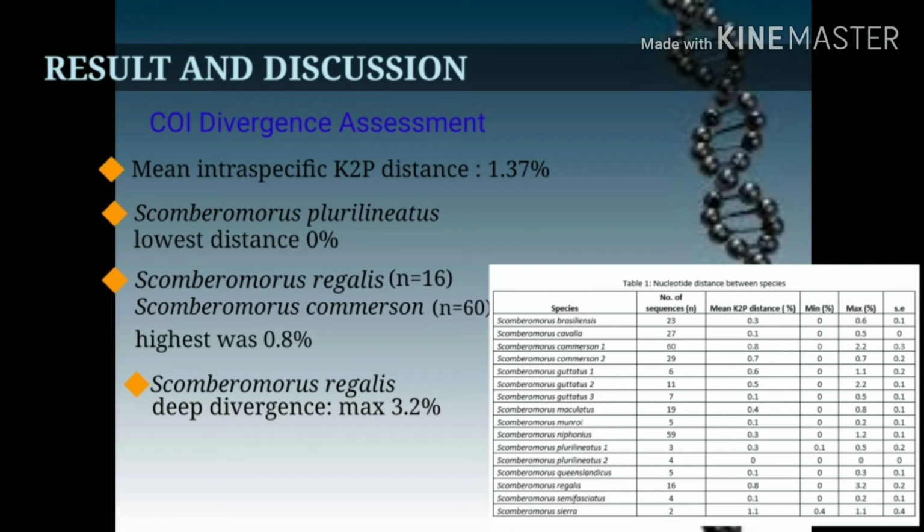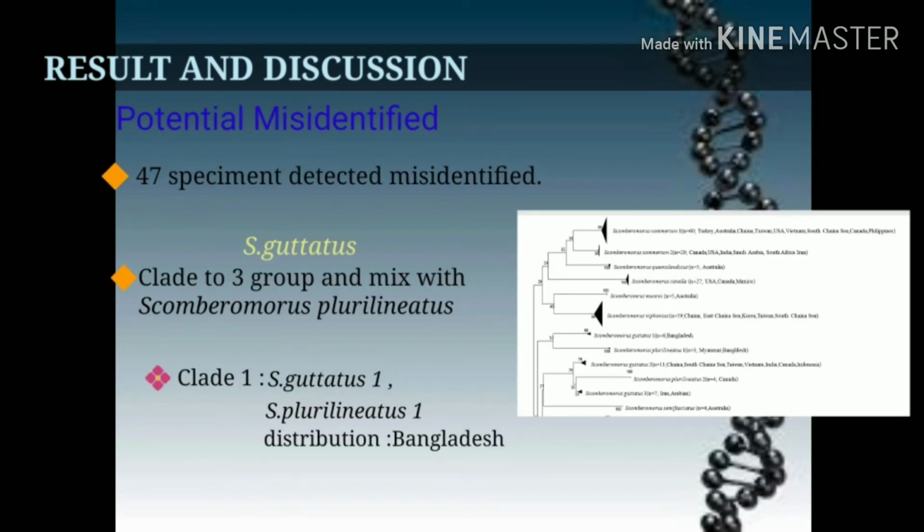Scomberomorus regalis shows deep divergence with a maximum nucleotide divergence of 3.2%. A potential 47 specimens have been detected as potential misidentifications.